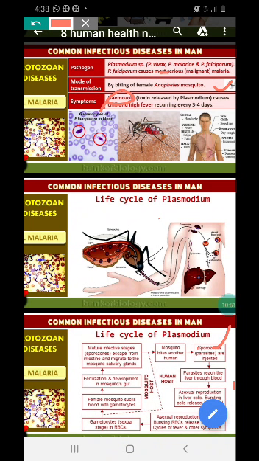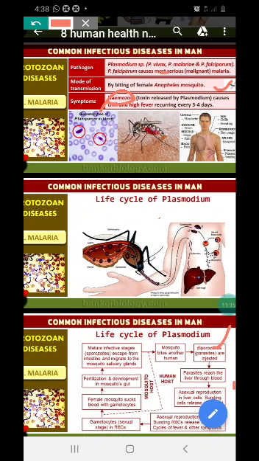When it reaches the blood, with what stage does it reach? The sporozoite stage, right? And from the blood it goes to the liver, where it undergoes asexual reproduction, and it is released by the bursting of the liver cells, from where it enters the RBC cells.